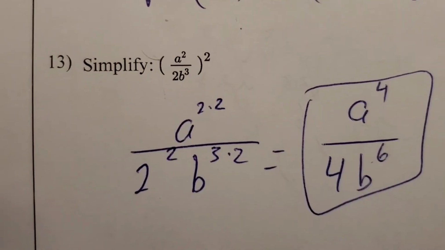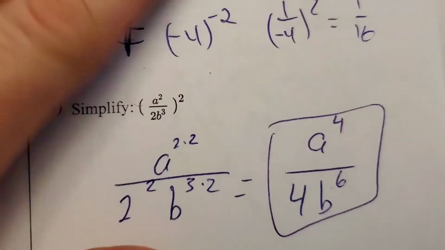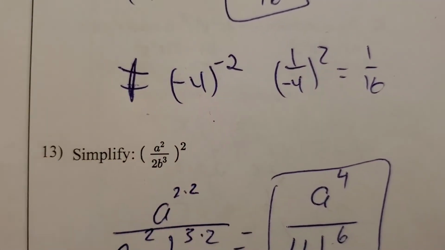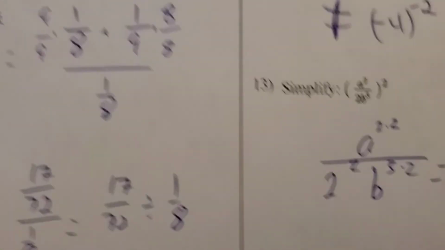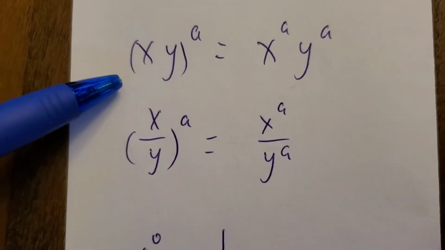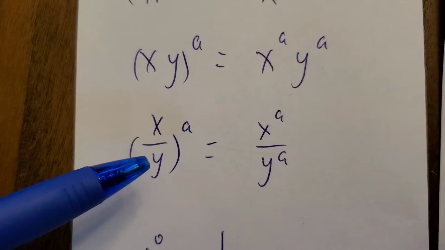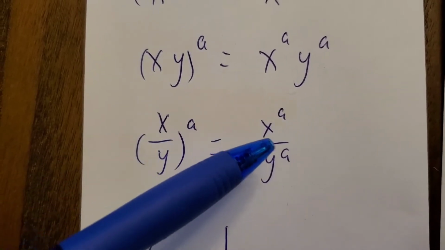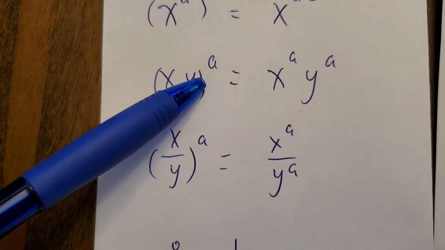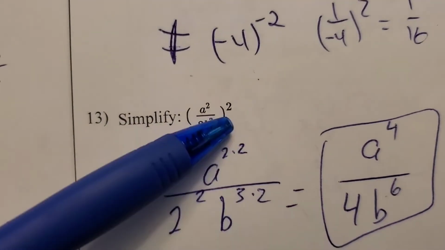13, we've got a squared over 2b cubed, all right, that whole thing being squared. So this is a couple of our rules together, actually these two. All right, when you have a fraction raised to an exponent, everything gets the exponent, and when you're multiplying raised to an exponent, everything gets the exponent. So watch. You've got a squared squared.